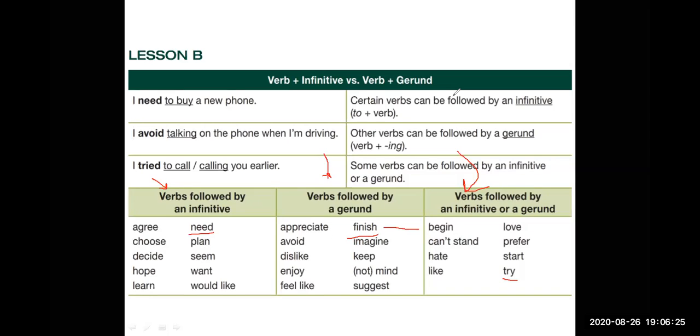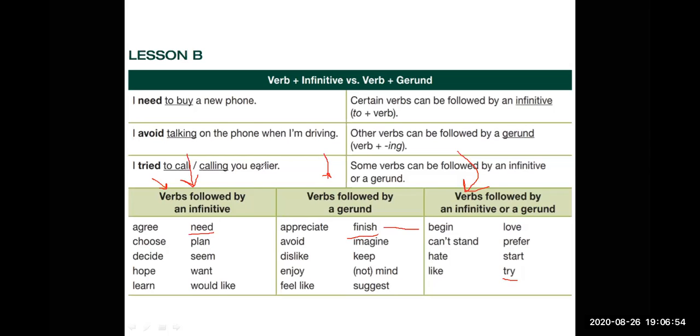Okay, Nanji, pay attention. If you are going to use a verb from the first box, I mean, when I say first box, I'm talking about these verbs. If you are going to use one of these verbs, you have to use infinitive. For example, I need to go to work. To go is the infinitive. I don't change need.